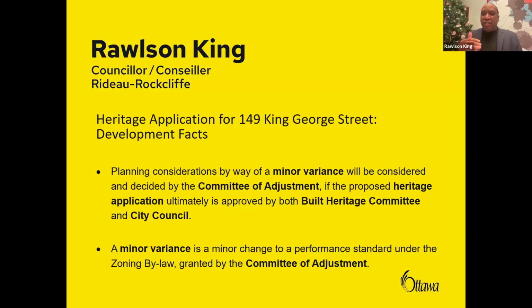It will be dealt with by the Committee of Adjustment. And that's if the proposed heritage application ultimately is approved both by Built Heritage Committee and City Council. It's important to note that a minor variance is a minor change to a performance standard under the zoning bylaw granted by the Committee of Adjustment. Next slide.